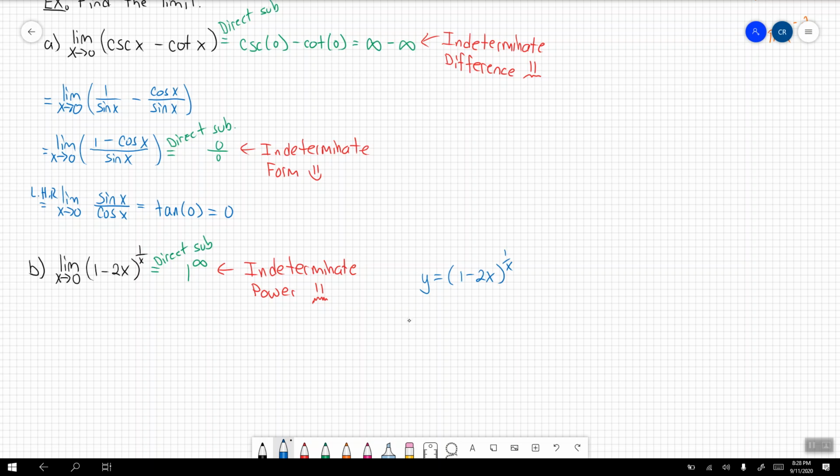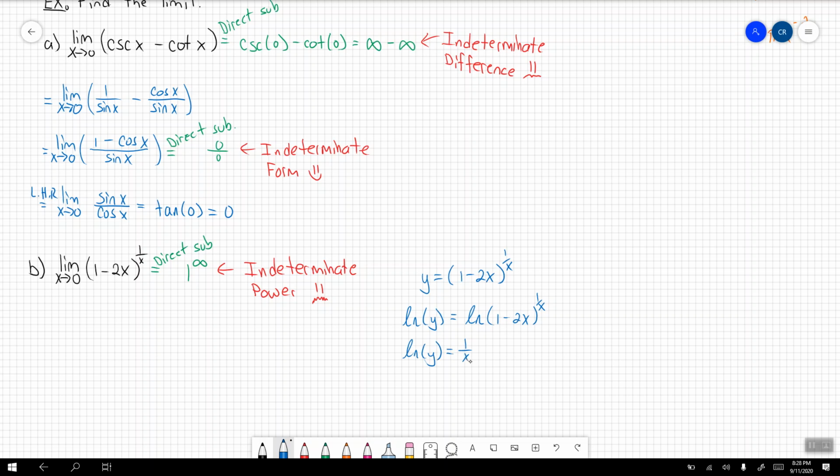Now, if we apply the natural log onto both sides, then we get the natural log of 1 minus 2x raised to the power of 1 over x. But by properties of natural logs, exponents can move forward and multiply the natural log if the exponent belongs to the overall argument of the natural log. In this case, it does.